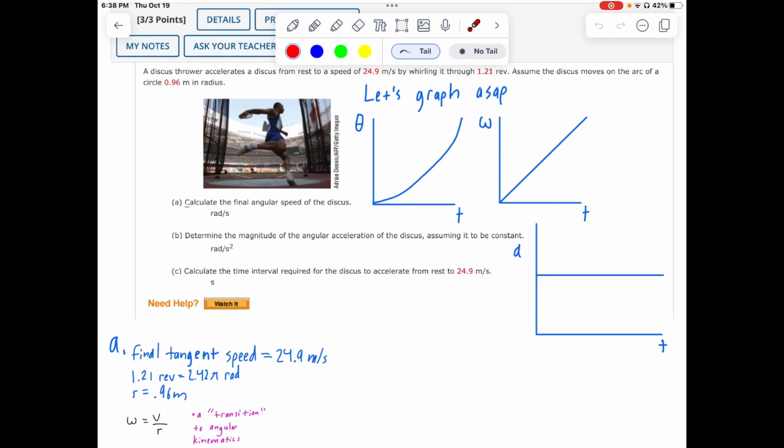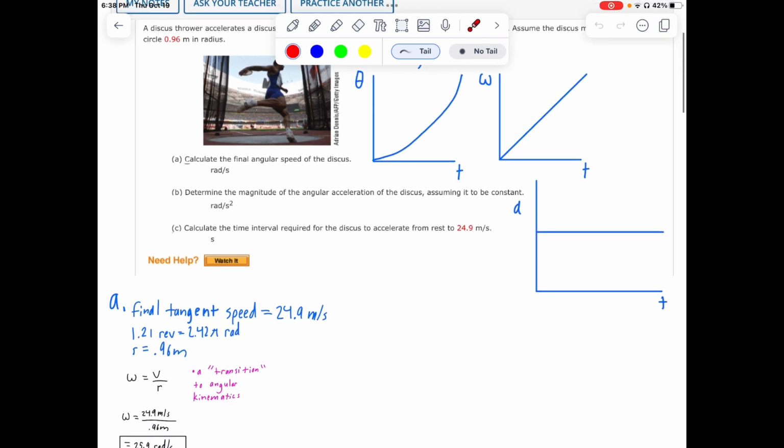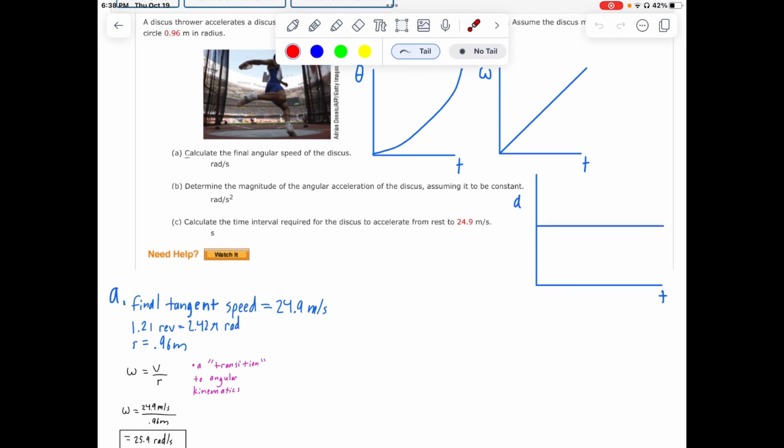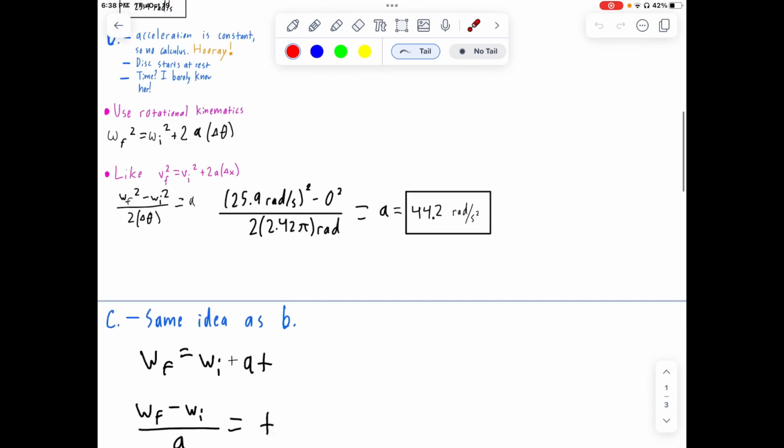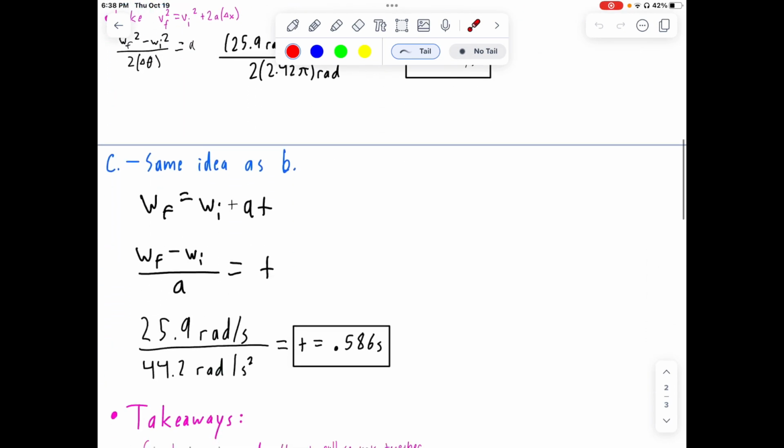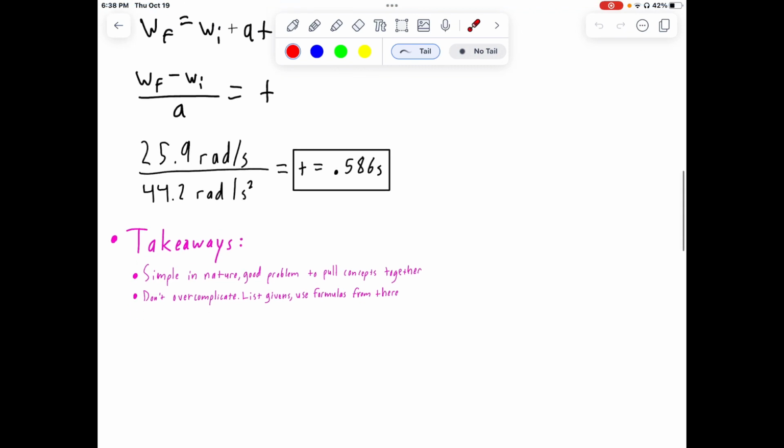I think practicing these and really realizing that it is just some form of linear kinematics, at least in the sense that you have your angular acceleration, which is new to us, and you can put that in the angular kinematics, the rotational kinematics, which is really helpful.